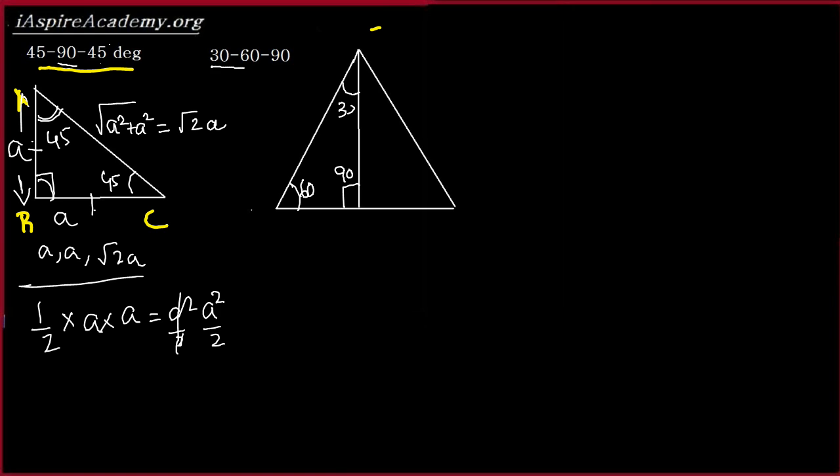The only reason is that these triangles have certain specific properties because of the ratios of their angles. There are no such special properties for other combinations of angles.